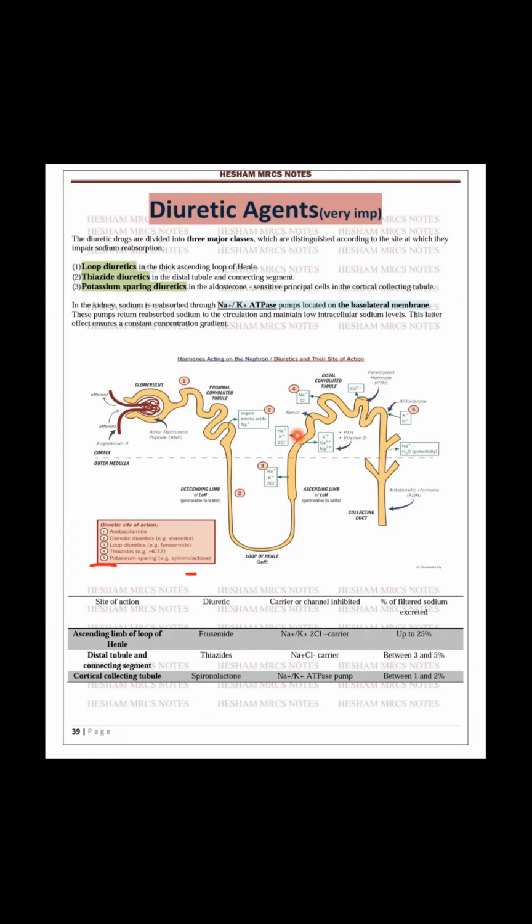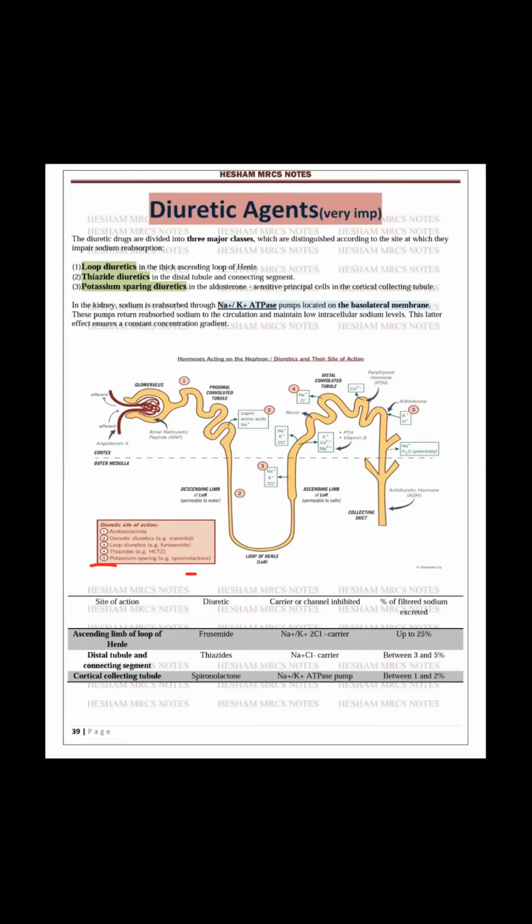Then you have the junction between the distal convoluted tubule and the collecting tubule. This is the site for aldosterone, and this aldosterone will act on the hydrogen-potassium channel. Then you have the antidiuretic hormone, which will act on this collecting duct by insertion of aquaporin 2 channels.